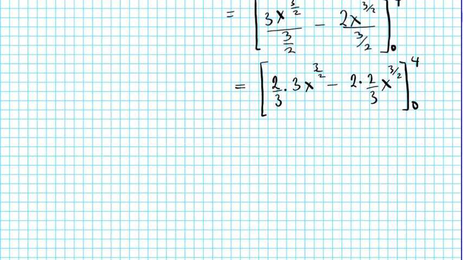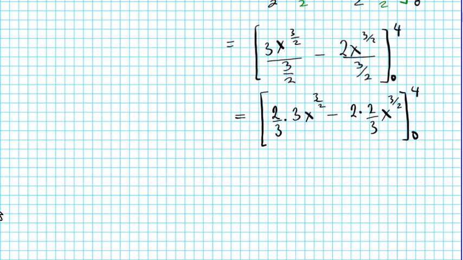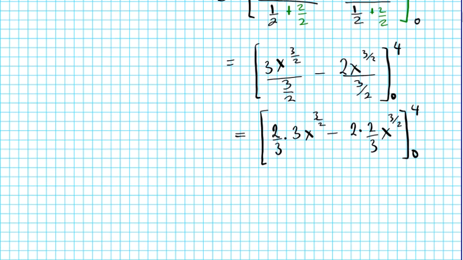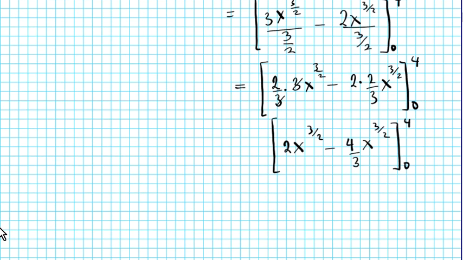Alright, so let's go ahead and simplify that. These 3's cancel out. So we have 2x to the 3/2 minus 4/3 x to the 3 over 2, evaluated from 0 to 4. Alrighty. And then what we'll do next is plug in the upper limit minus what you get when you plug in the lower limit.